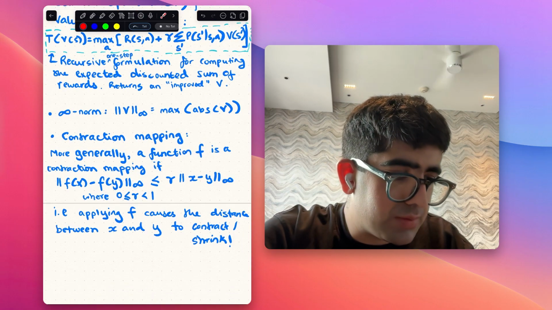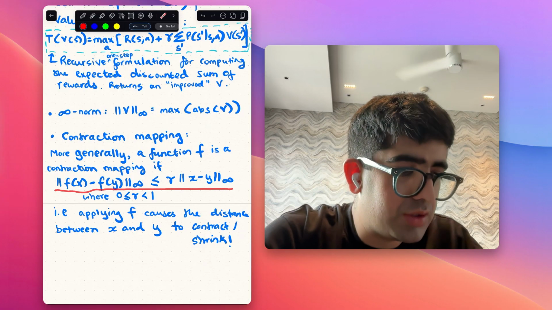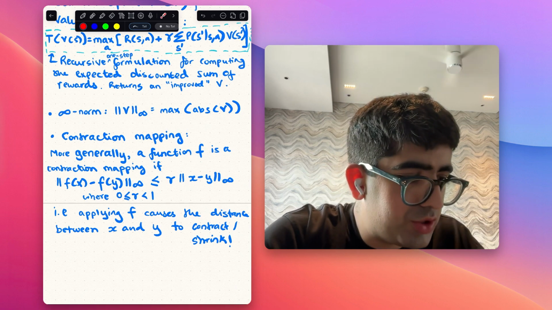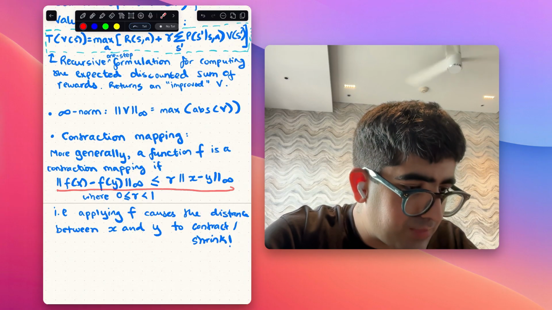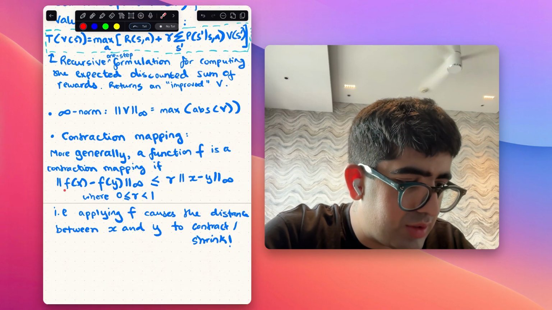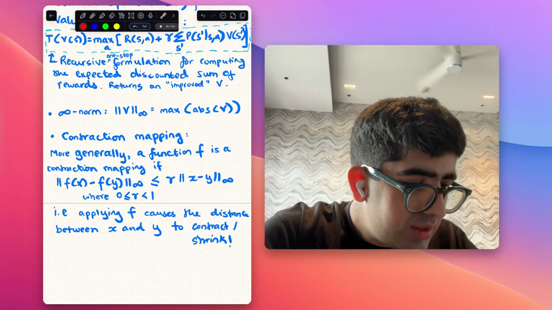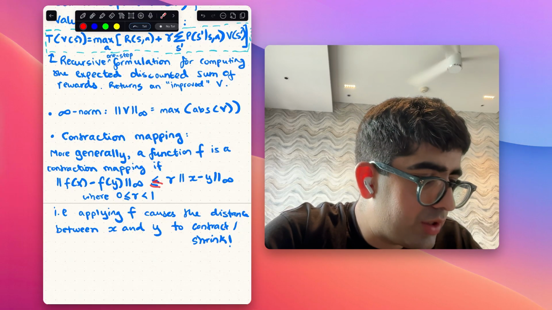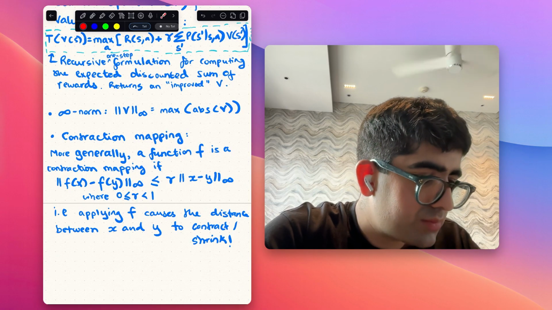So in this example, let's take a look at this equation. Let's assume that we have a function f, which is a contraction mapping. Then this expression tells us that when we apply f to inputs x and y, the resultant distance is less than or equal to gamma times the distance between the inputs.